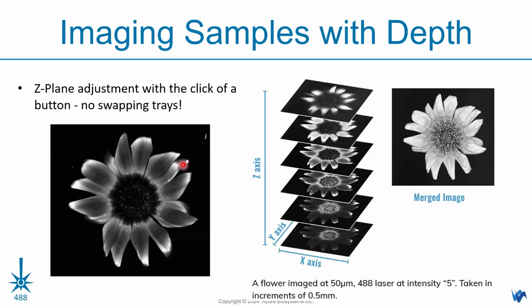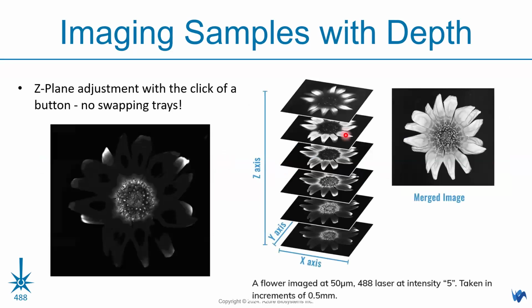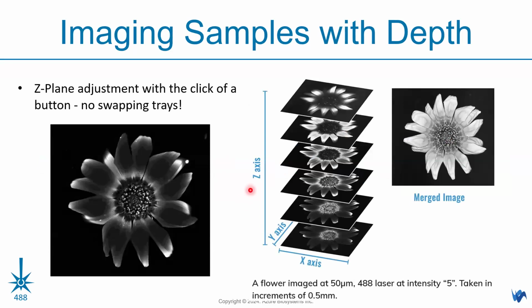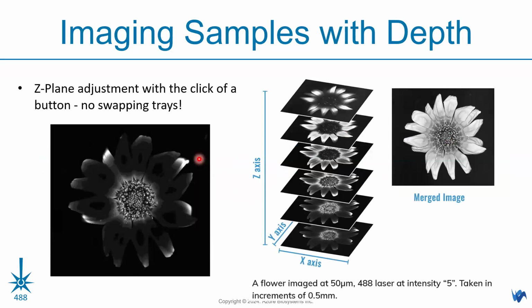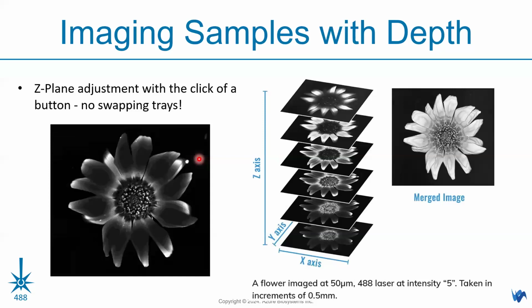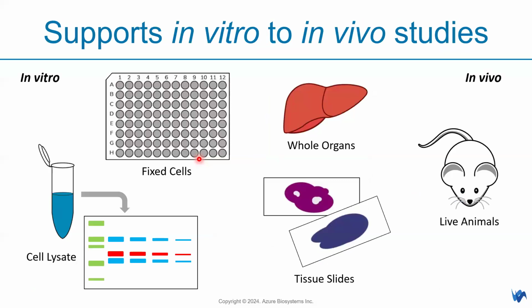And then Sapphire FL also allows you to merge the images or transform the data into a GIF file, so you can look at the expression changes across different focal planes. So it supports in vitro to in vivo studies like your membrane, fixed cells in the well plate, tissue section, ICC, whole organ, or even live animals.